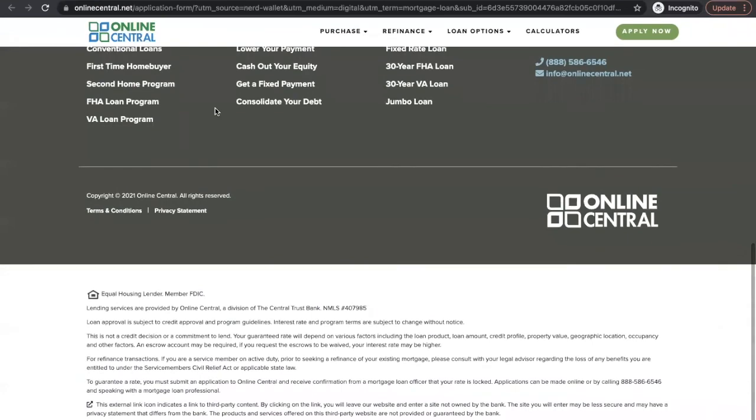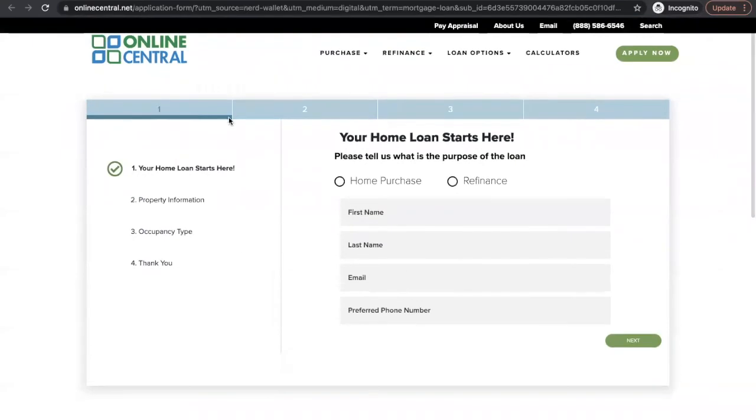And this page actually looks like it's managed by that specific lender. So that specific lender that we chose, they are driving traffic to this website. NerdWallet is sending it to the lender.